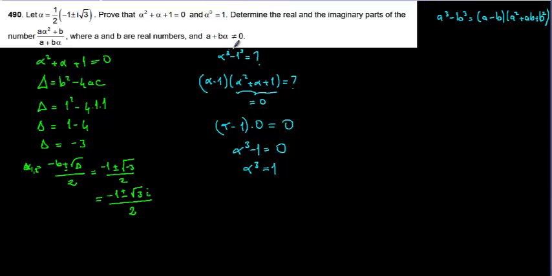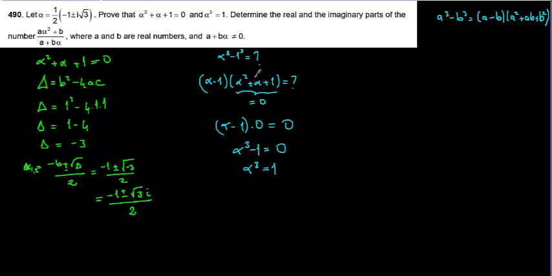If I prove that alpha cubed minus 1 cubed is equal to 0, then alpha cubed minus 1 is equal to 0, then alpha cubed is equal to 1. I made that one: alpha cubed minus 1 cubed is equal to alpha minus 1 times alpha squared plus alpha plus 1. When alpha is equal to minus 1 plus i root 3 over 2, I knew that alpha squared plus alpha plus 1 is equal to 0.